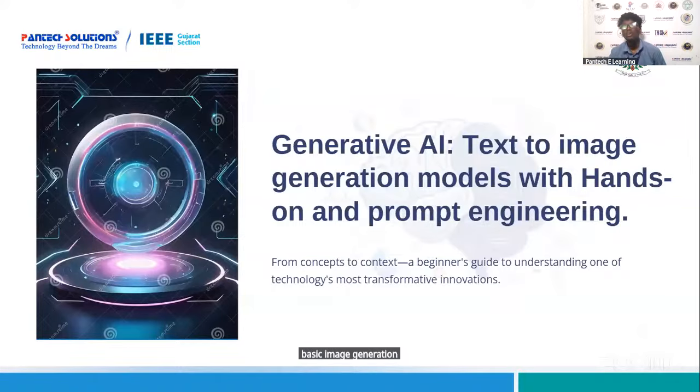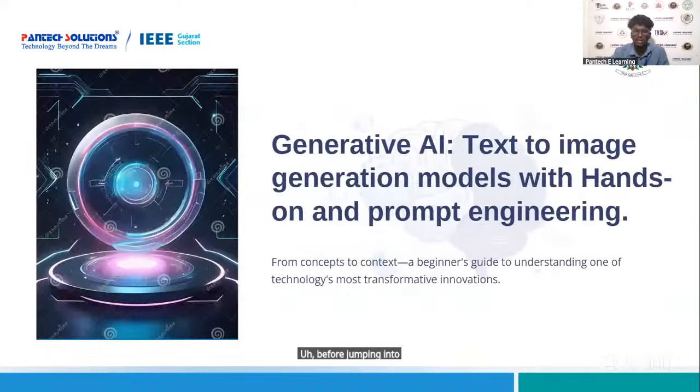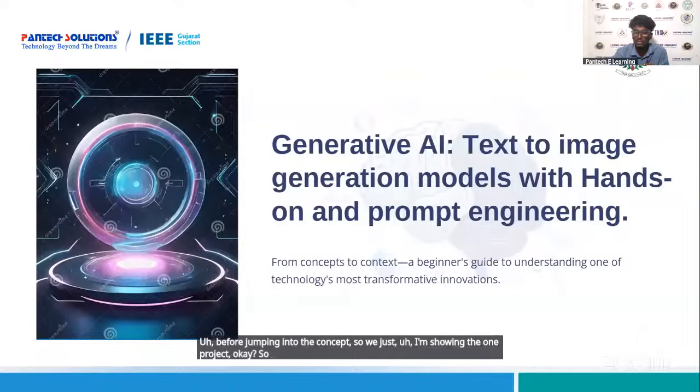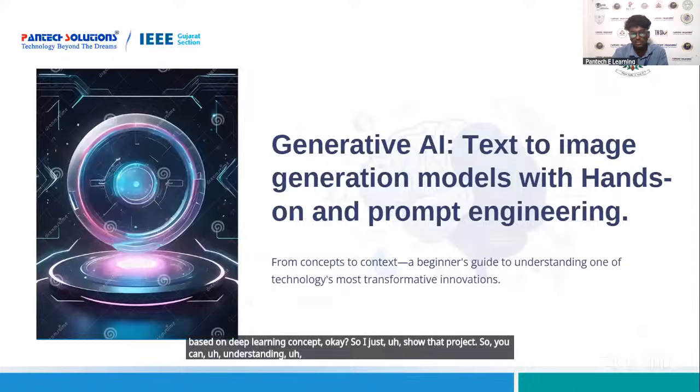Now we are going to discuss how to give text to generate different types of images. Before jumping into the concept, I am showing one project, based on a deep learning concept, so you can understand the fundamentals more clearly.